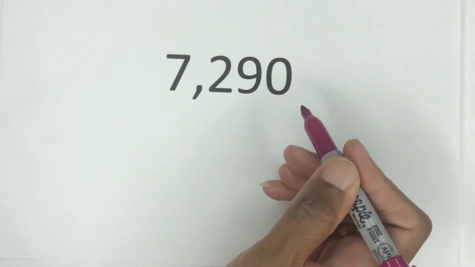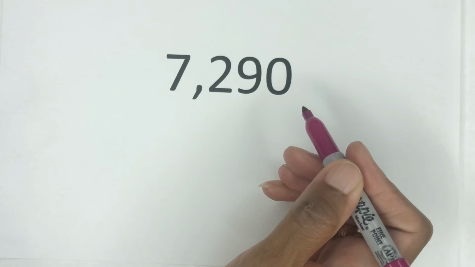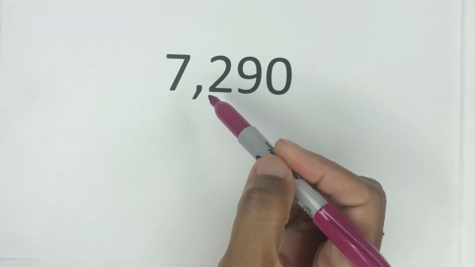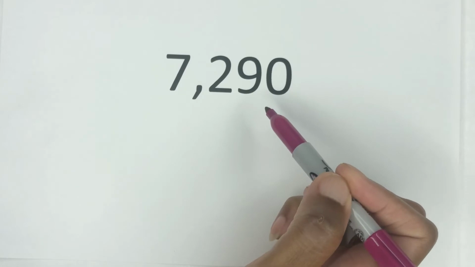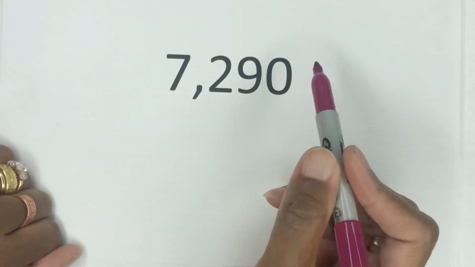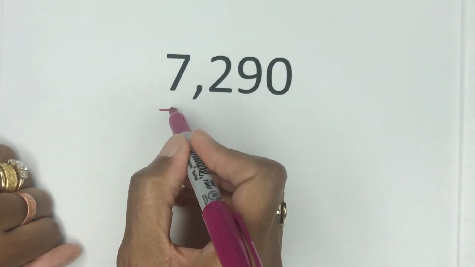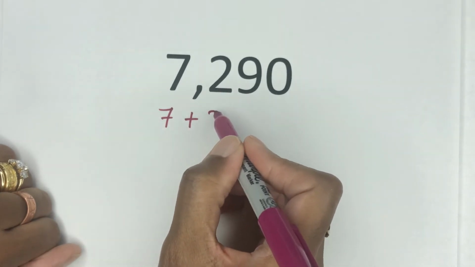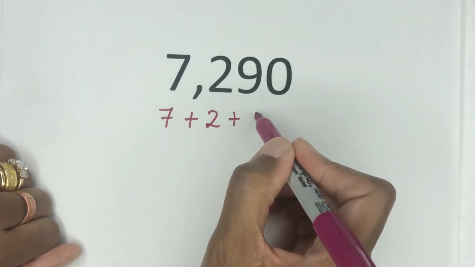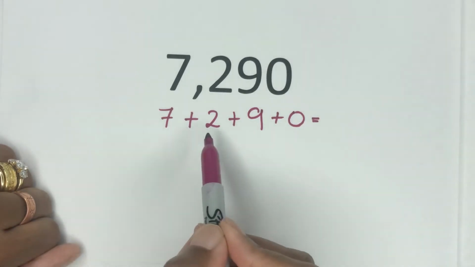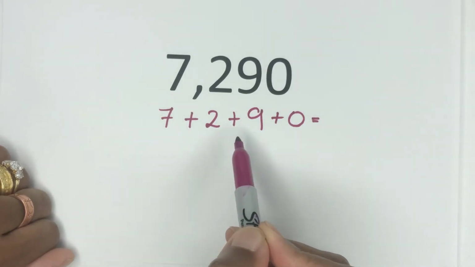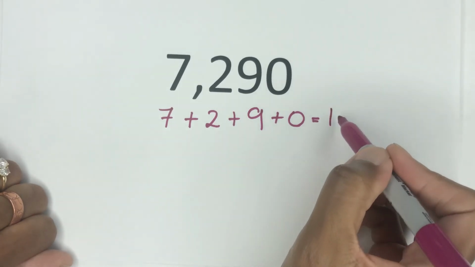You know a number is divisible by 9 if you add the digits together and the sum can be divided by 9. So let's count: 7 plus 2 plus 9 plus 0. 7 plus 2 is 9, and 9 plus 9 is 18.